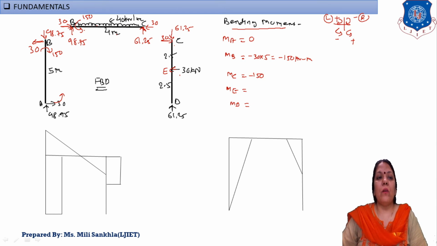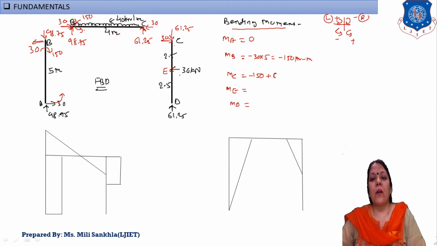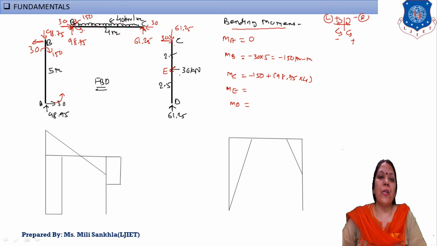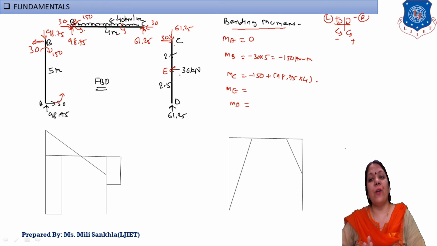This support reaction moment induced is clockwise, so take plus 98.75 into distance given 4 meter, and this UDL induced moment is anti-clockwise with respect to this C point, so this is minus, and moment is equal to 40 into 4 and 4 by 2. Okay, and my answer of this moment is equal to minus 75 kilonewton meter.